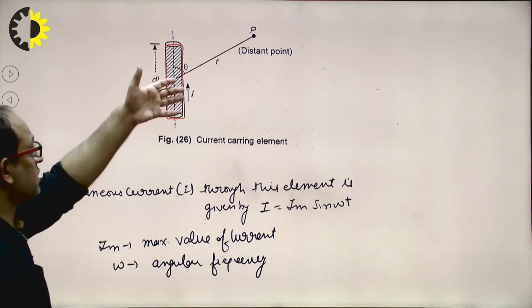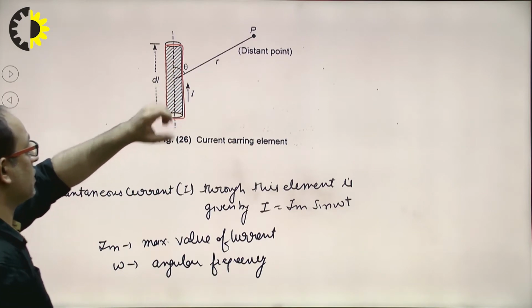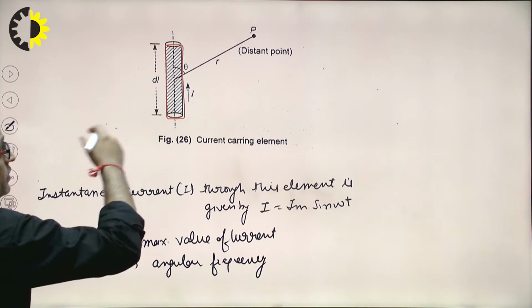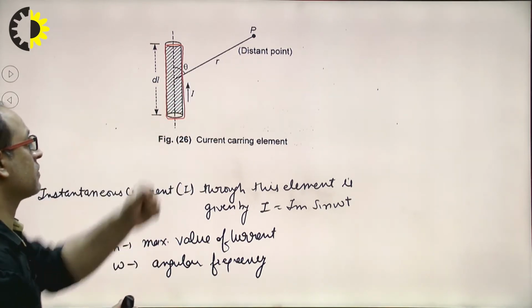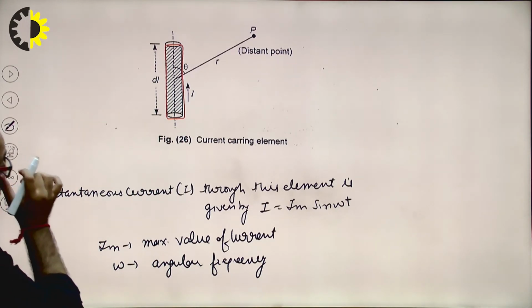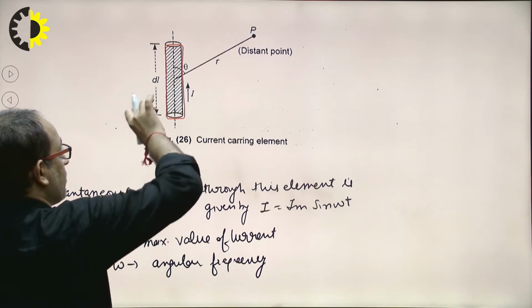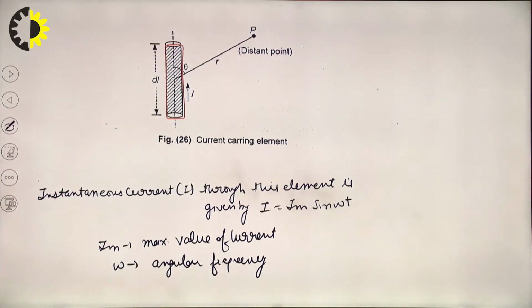When a current passes through any element in a continuous wave, the charge will be rotating, so it will produce a magnetic field and an electric field around the wire. Magnetic field will be in this direction and electric field will be at 90 degrees to this one, clear.